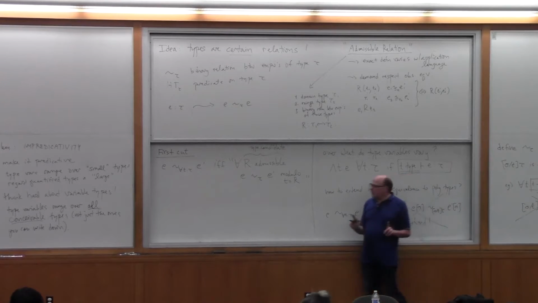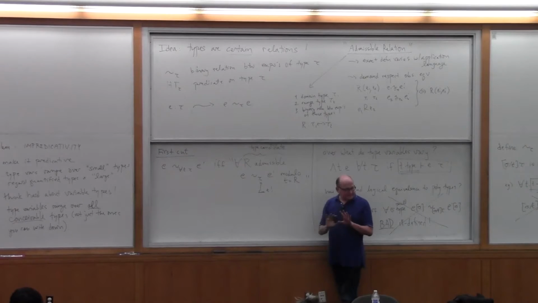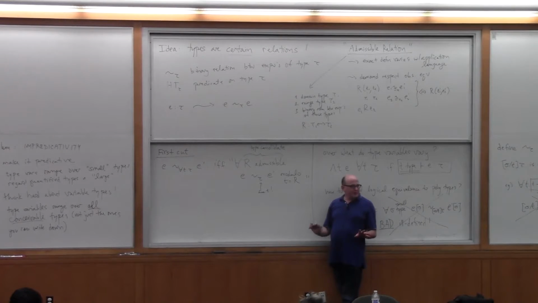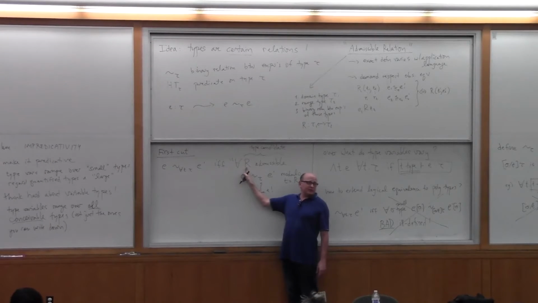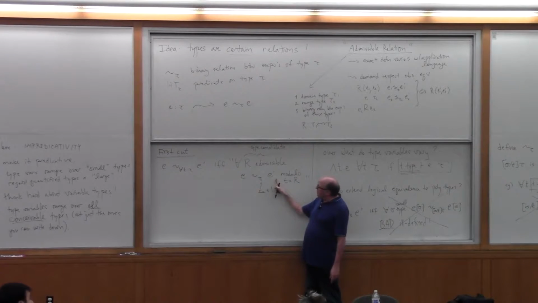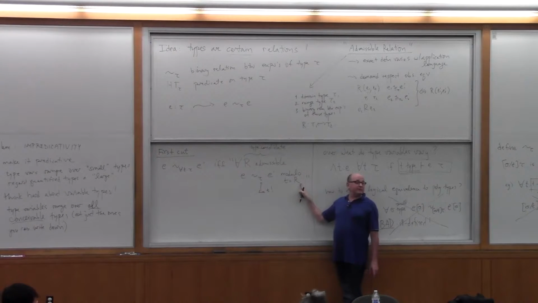So what I'm going to do, notice, this has a free type variable in it. So that's why I have to have a second cut to really nail this down properly. But here's the intuition. The intuition is, let the quantifier range over all possible types, not just the ones you can write down in syntax, and demand that E and E prime be related modulo the fiction that the meaning of the type T is R.